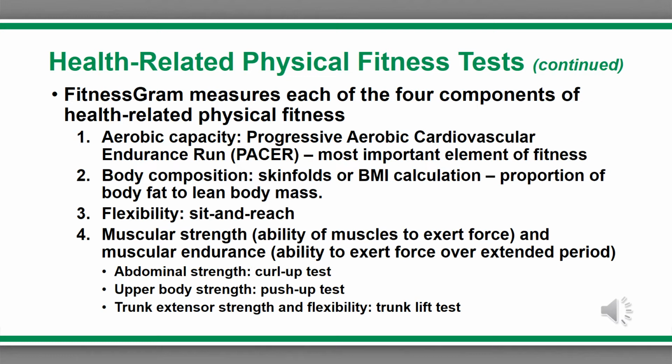An alternative to running a mile is the Progressive Aerobic Cardiovascular Endurance Run. We call it the PACER test, to measure aerobic capacity for elementary age kids. This is an excellent alternative to running the mile.